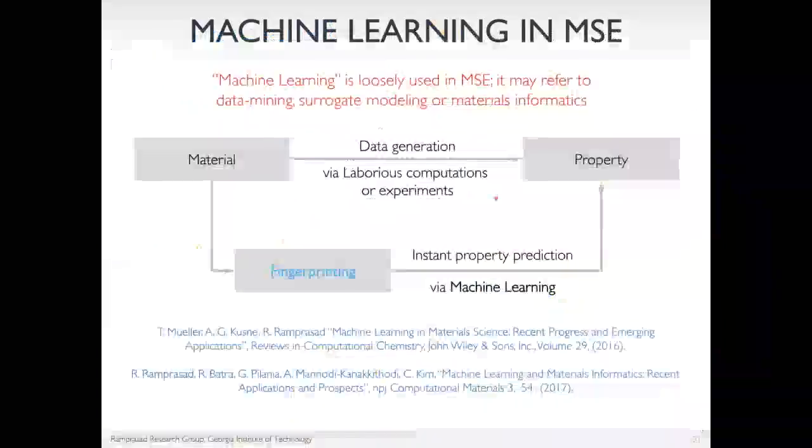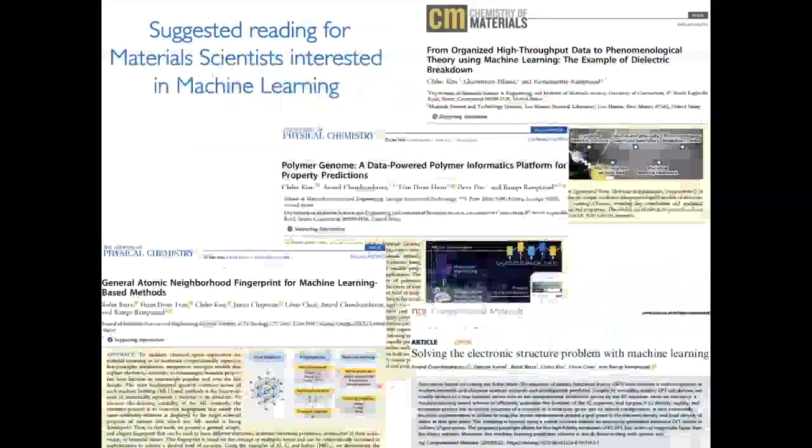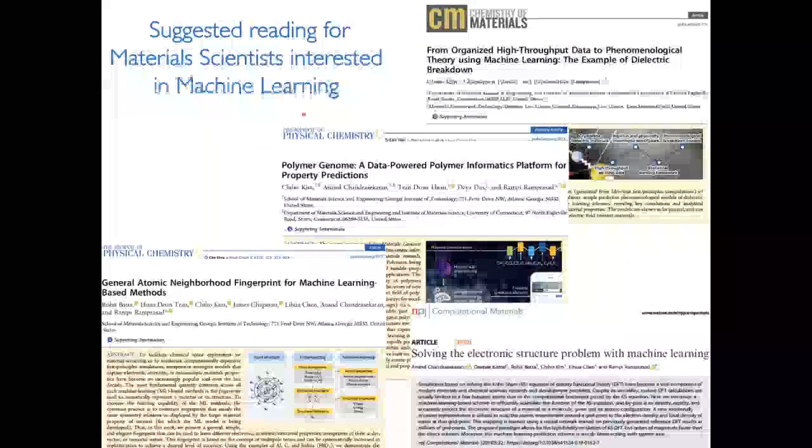There are, of course, these two papers that you can look at. But if you want to know about some specific examples, sometimes that may be more helpful, right? What I would say is read this second paper, which is the short review paper. Read that paper, and then you can go on to one of these specific applications, right? So this is just a reading list for materials scientists interested in machine learning.